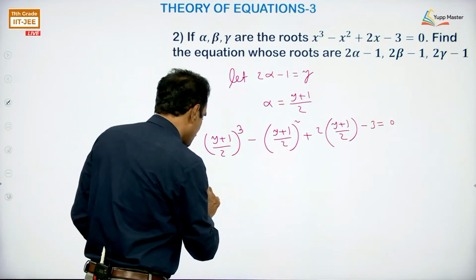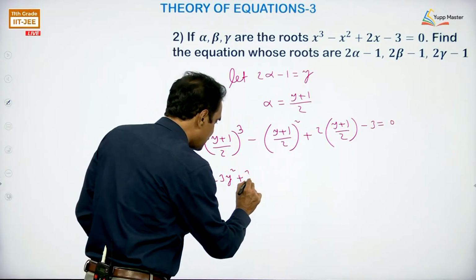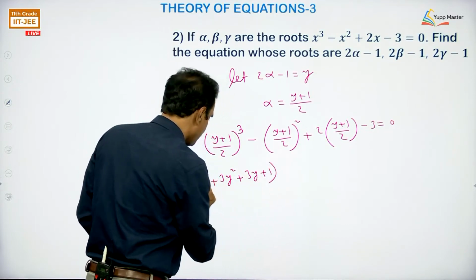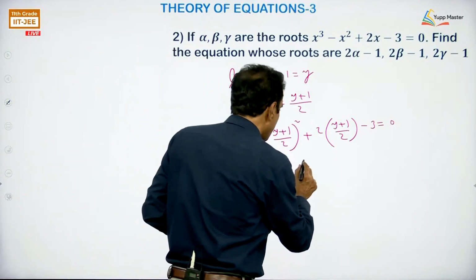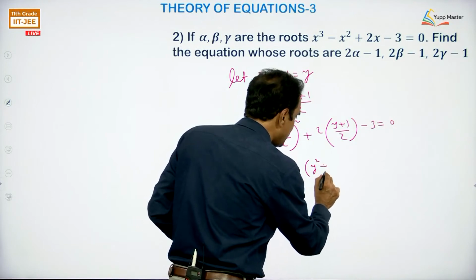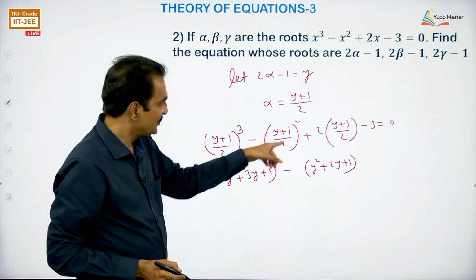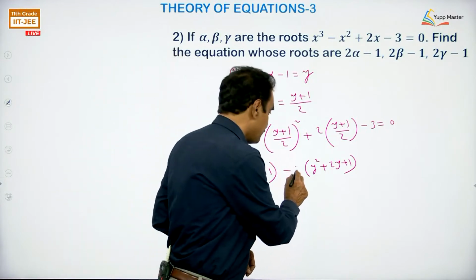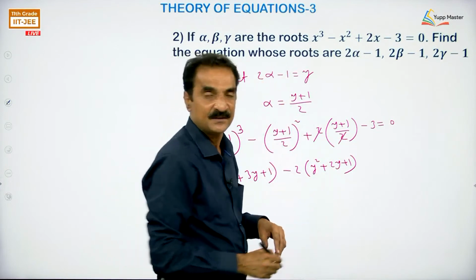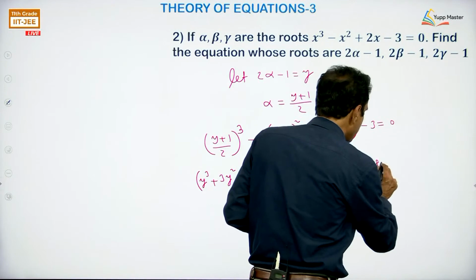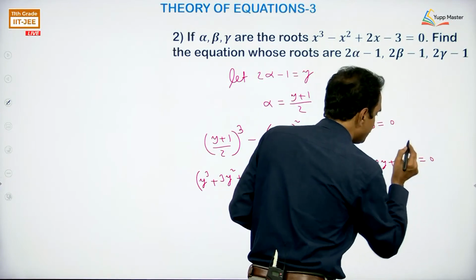Expansion of y plus 1 whole cube is y cube plus 3y square plus 3y plus 1. Multiplying by 8, the 2 cube will cancel. Here y plus 1 whole square is y square plus 2y plus 1. Multiplying by 8, 2 square will cancel, another 2 will multiply. Here this 2 cancels, multiplying by 8, we get plus 8y plus 8 minus 3 is equal to 0.